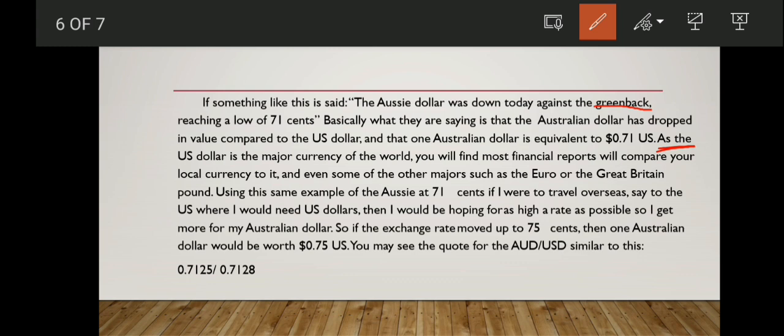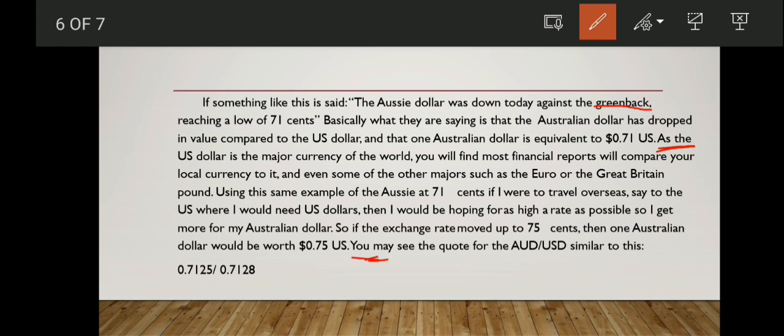If I am a trader and I want to make profit, I would hold my Aussie dollar until it becomes like 0.75. That is the only way I can make profit from my Aussie dollar or doing a forex trade. So let us continue from here.